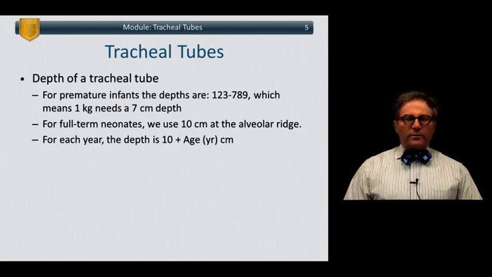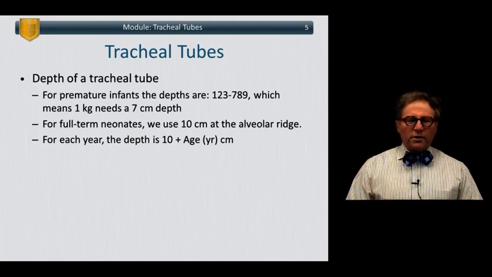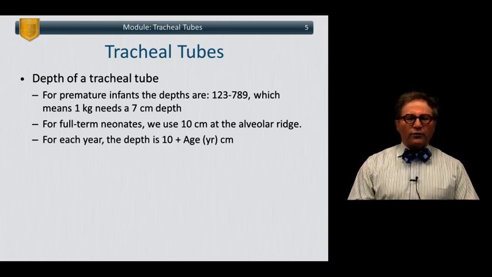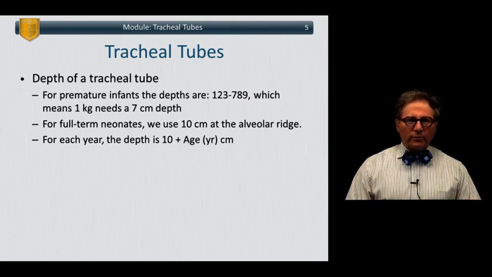The depth to which we place an endotracheal tube from the alveolar ridge follows a very simple formula in premature babies, 123-789, where the first three numbers are the weight in kilograms, 1, 2, or 3 kilograms, and the second three numbers denote the depth to which the tube should be placed.